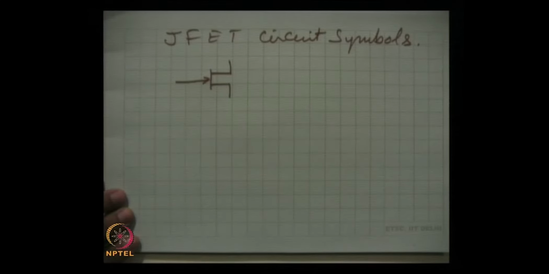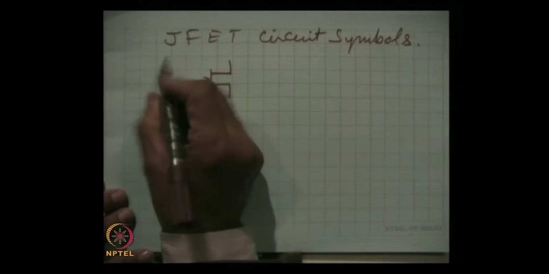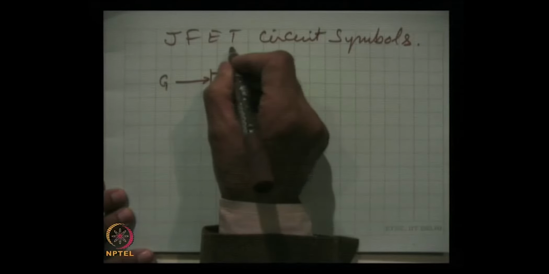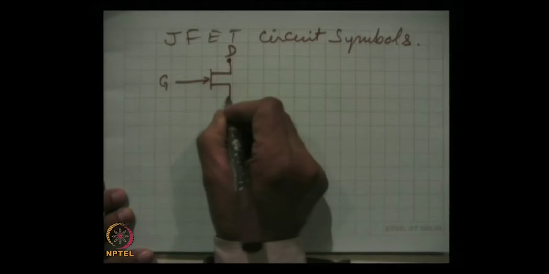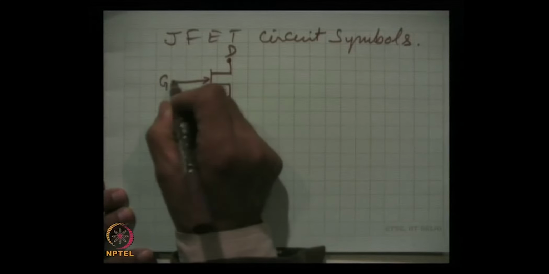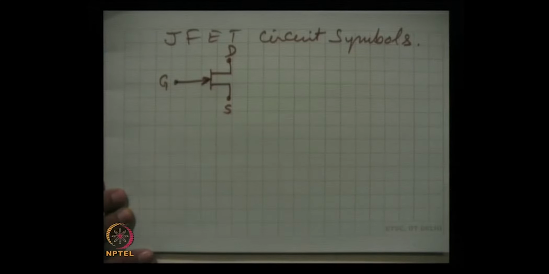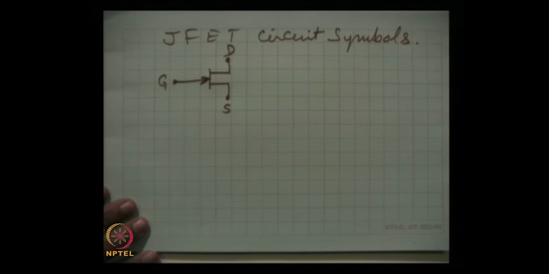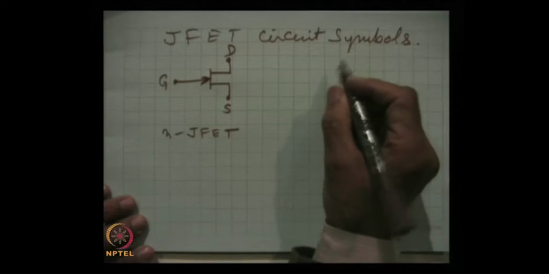This is the circuit symbol for a FET, this is gate, this is drain, and this is source. This arrow, as in the case of NPN transistor, gives the direction of the conventional current. So, on that it has been derived. This is for N type JFET, and for P type, the arrow direction is reverse.